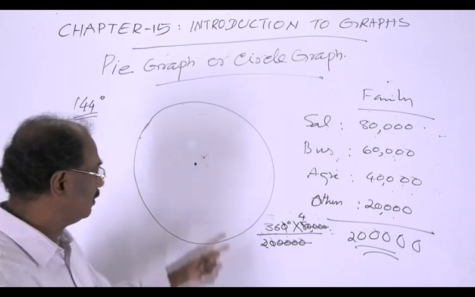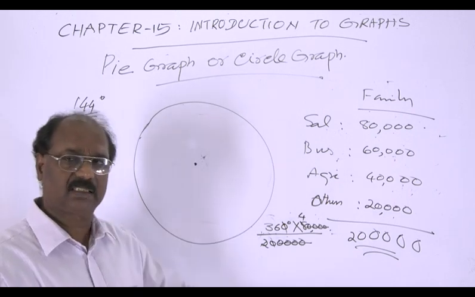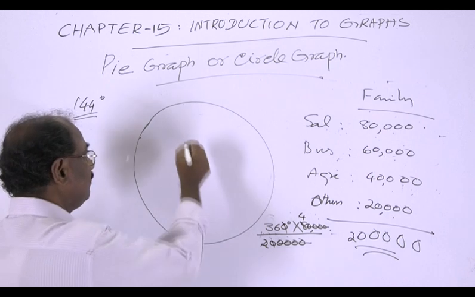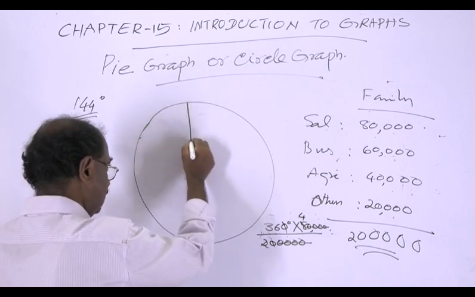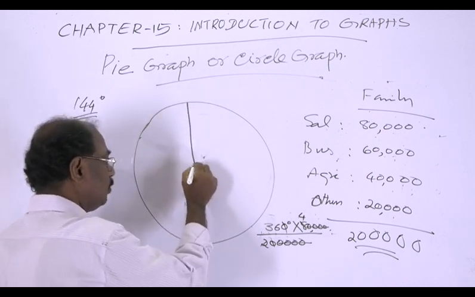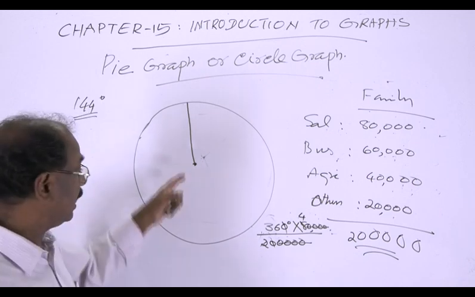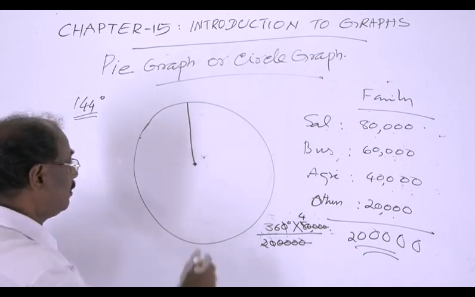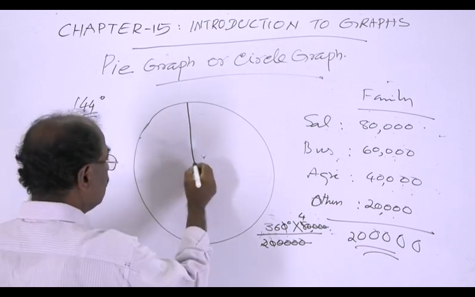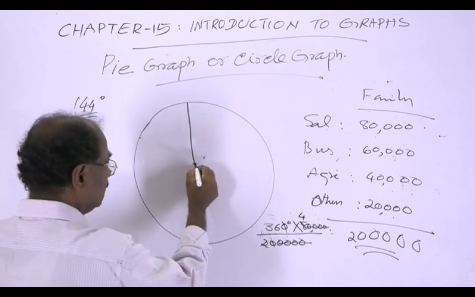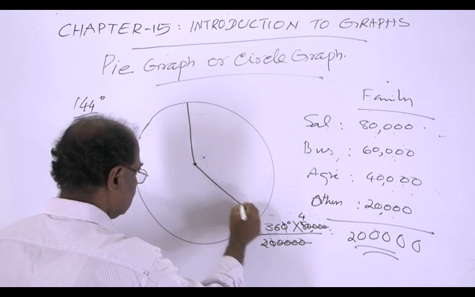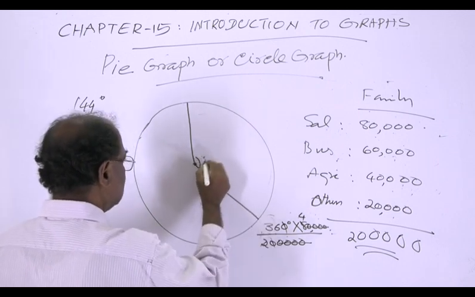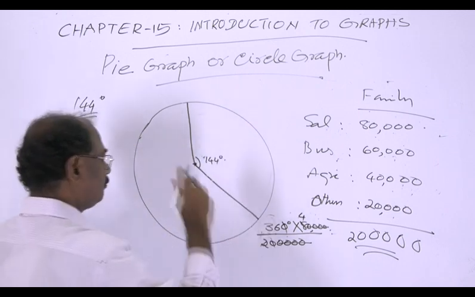So we can start from any radius. Usually we take a perpendicular line as the starting radius and then mark 144 degrees using a protractor.